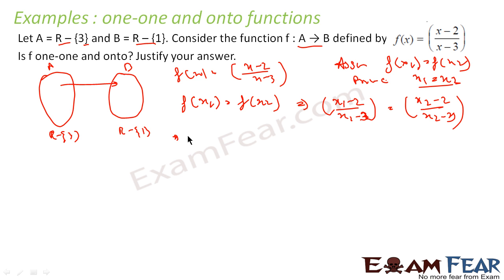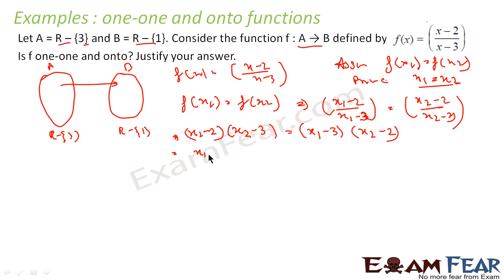Correct? So let's solve this, cross multiply: x1 minus 2 into x2 minus 3 is equal to x1 minus 3 into x2 minus 2.